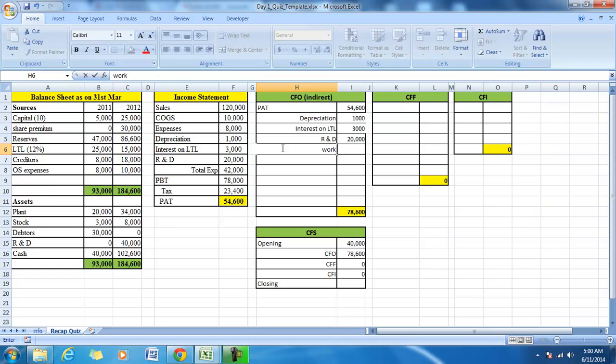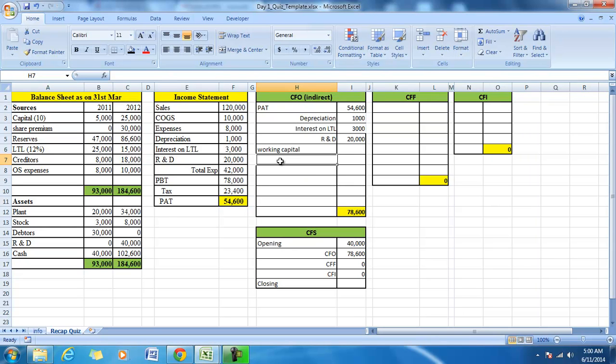Working capital means the changes in the non-cash operating current assets and current liabilities. So in this case, we'll examine the changes in the current liabilities and current assets, which are stock, debtors, and creditors.